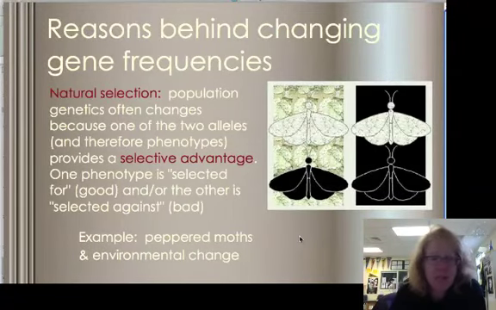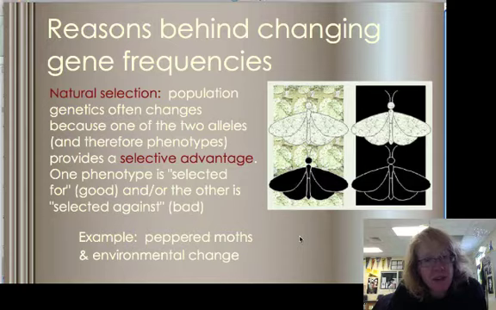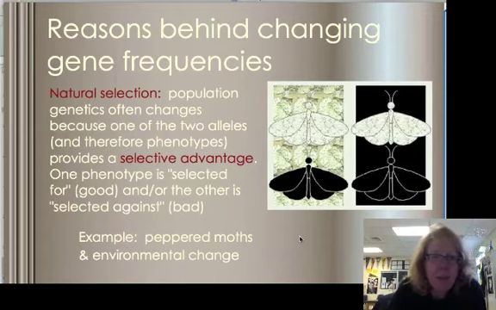So, first of all, natural selection, we've talked about this before. One of the biggest, strongest, fastest driving forces of changing gene frequencies is that there's a selective advantage to one or the other phenotypes. And because genotypes are underneath there, if one phenotype is an advantage, then the genes that go along with that phenotype are probably going to become more common over time. So the peppered moth example is a good one, and you can go look this one up.